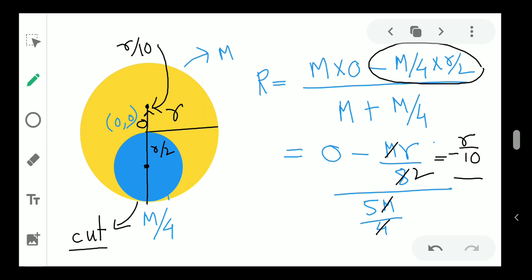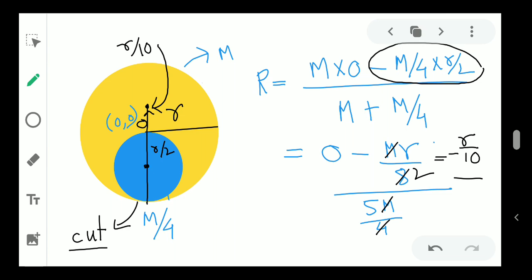When we find the center of mass for the whole thing, then we add things, right? But when we are going to find the center of mass after taking out some portion, we have to subtract the contribution due to that cutout piece.